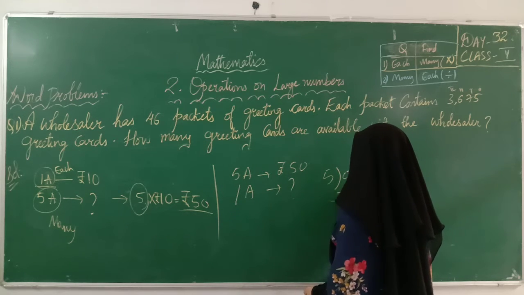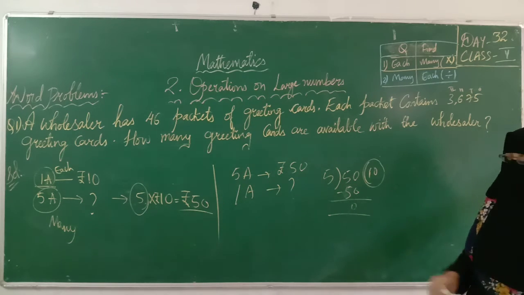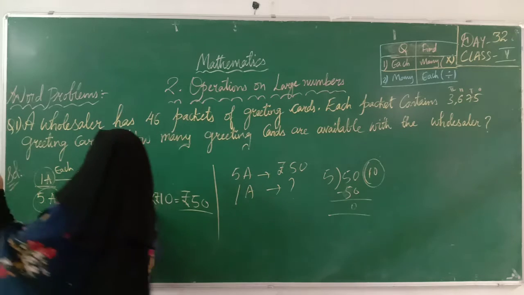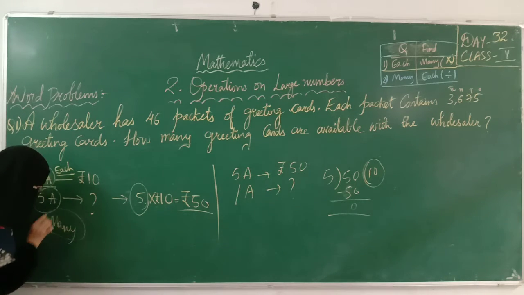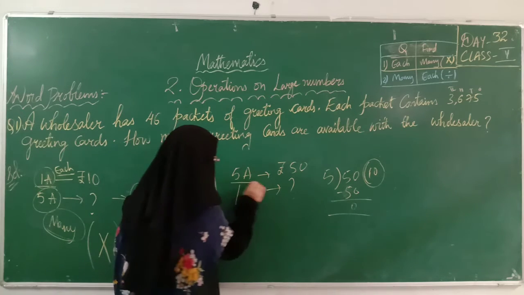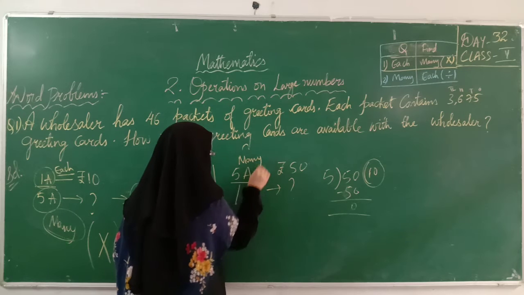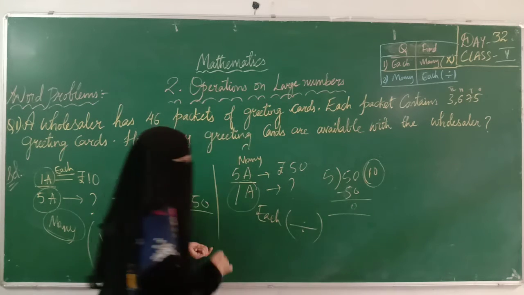So what is the cost of 1 apple? 10 rupees. You get the same, right? So whenever they give each and you have to find many, use multiplication. If they give the price of many items and you have to find each, use division. Understood? Remember this. This is the most important one.